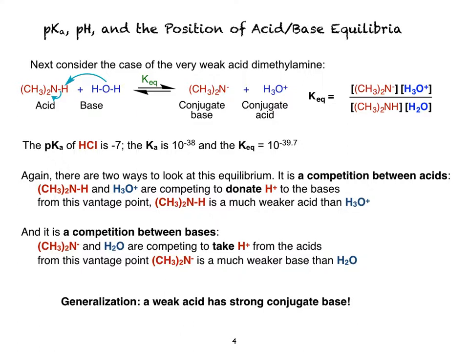I'm looking at the middle expression up there, and the H3O plus concentration changes by a certain amount, and therefore the ratio of the RNH2 concentration divided by the RNH3 plus concentration has to shift by some number so that the KEQ stays the same.